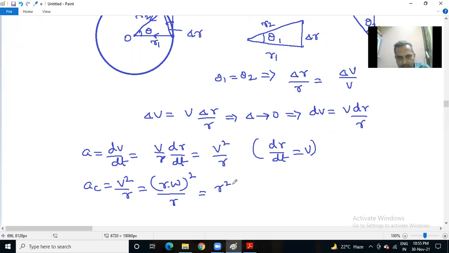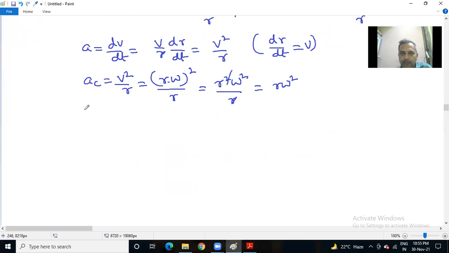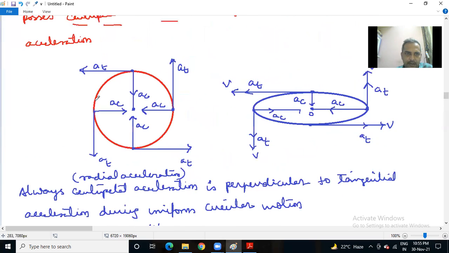So R square omega square by R, so it will be R omega square. Now remember, wherever the particle might be, centripetal acceleration is always perpendicular to tangential acceleration. Then the angle between them is theta equal to 90.